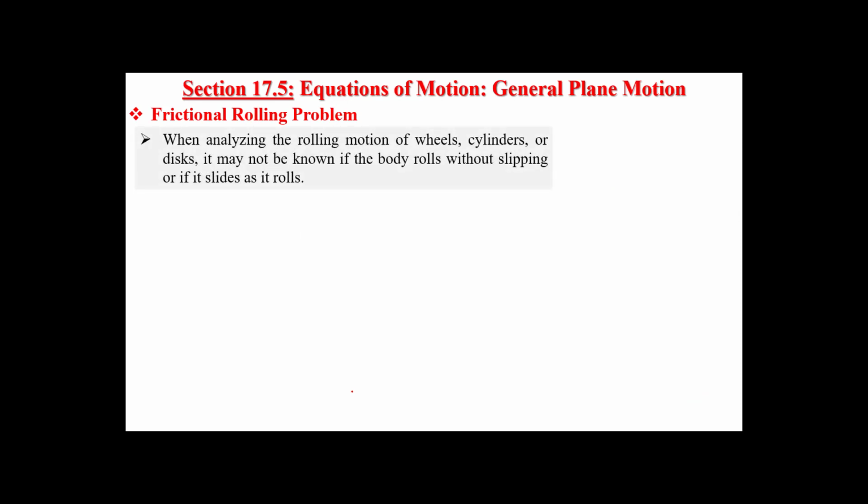Okay, frictional rolling problem. If we have rolling, we have two cases. Okay, we'll see in the coming slide. When analyzing the rolling motion of wheels, cylinders, or discs, anything rolling on the ground, it may not be known if the body rolls without slipping, or if it slides as it rolls.